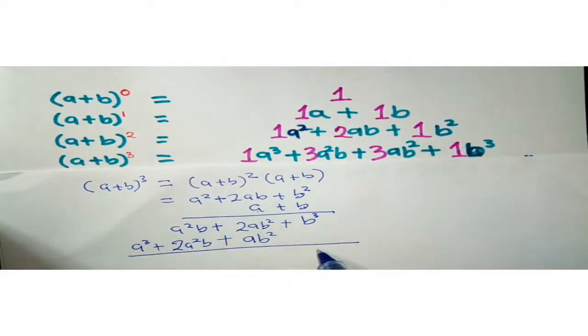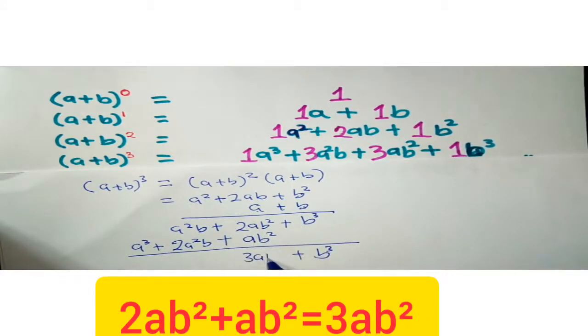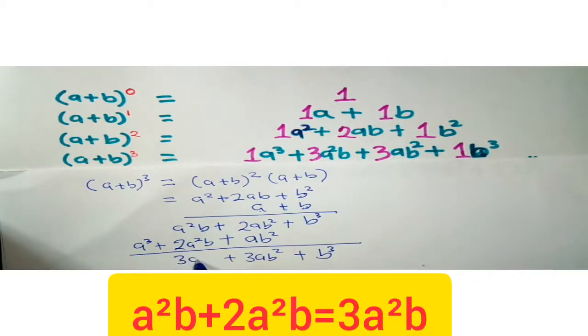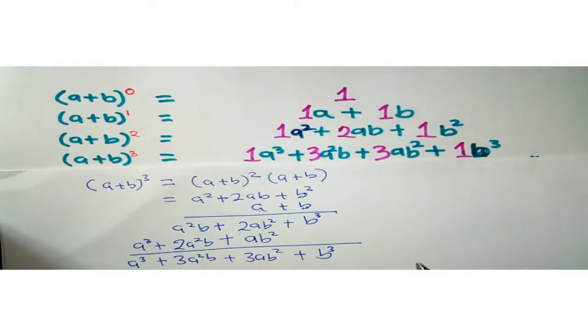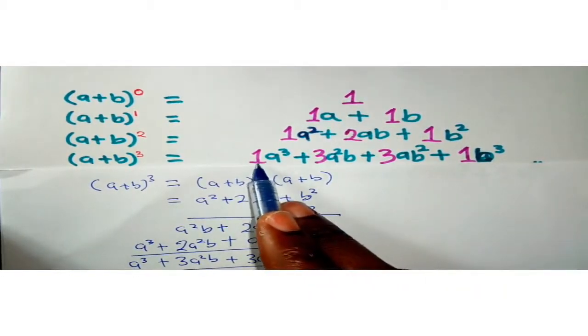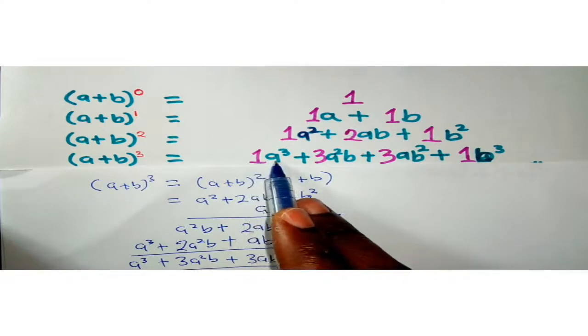And so we have b cubed plus 3ab squared plus 3a squared b plus a cubed. This is the expansion for a plus b cubed. And so we can introduce the coefficient.